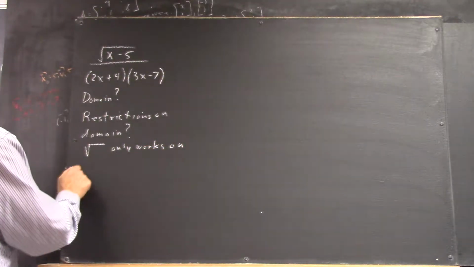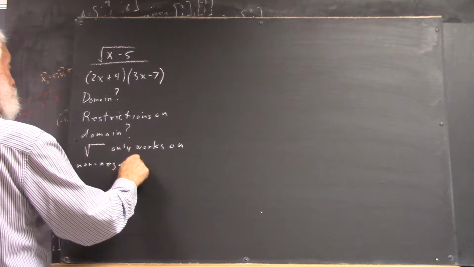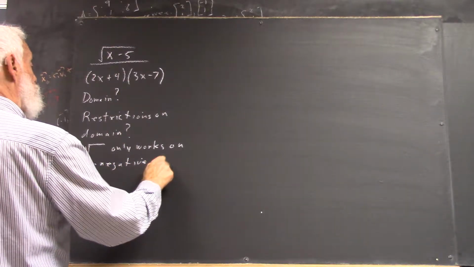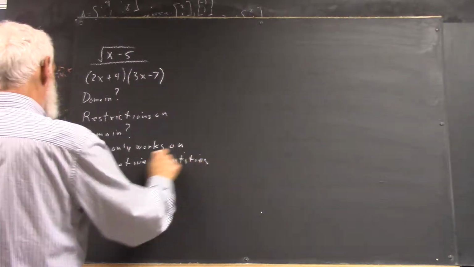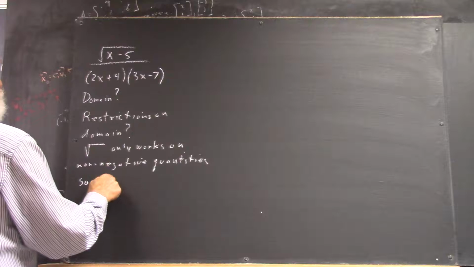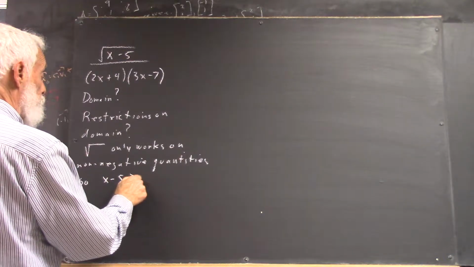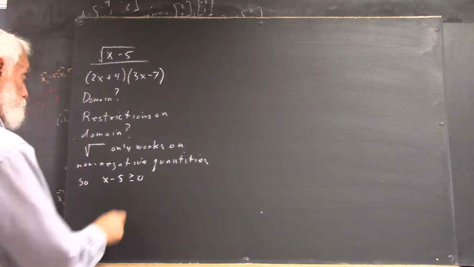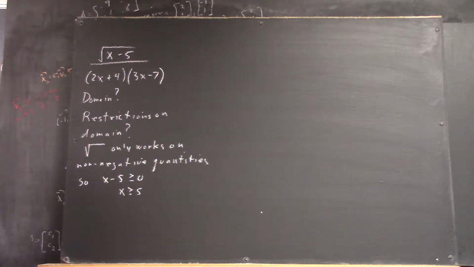the square root only works on non-negative quantities, right? So x minus 5 can't be negative, meaning it has to be greater than or equal to 0. So that x has to be greater than or equal to 5. Okay?